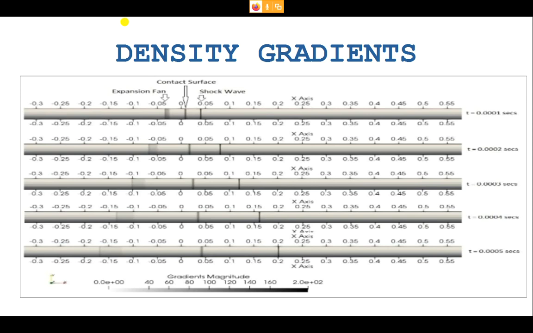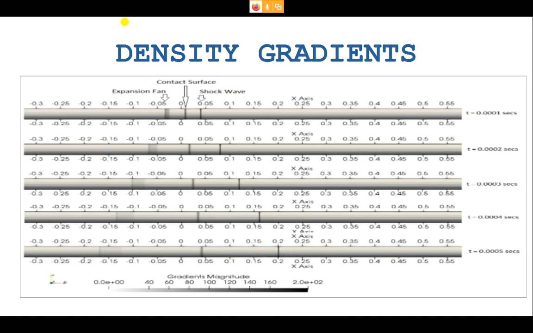The expansion fan is weak and it is moving towards the left. With respect to timestamps, as you move from top to bottom, you might see the shock wave moving towards the right and the expansion fan moving towards the left. Also you can see that the expansion fan is expanding in space, and the shock is strong here and tries to maintain its strength as it moves towards the right. The contact surface, which was exactly at the mid side, started moving towards the shock wave.